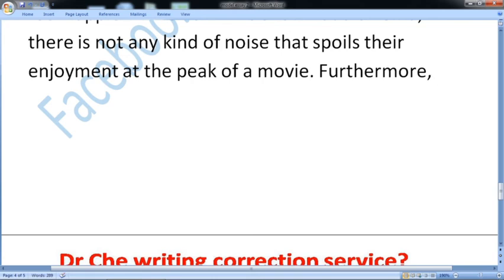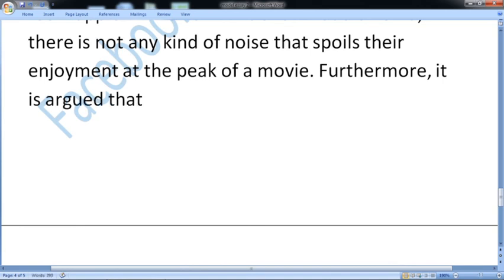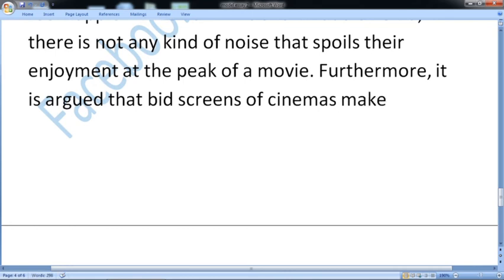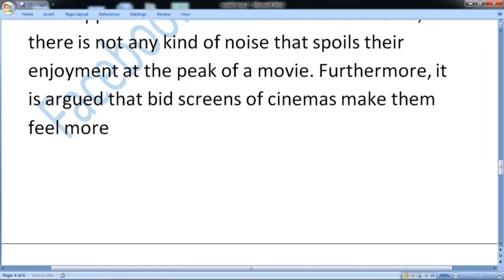Furthermore, it is argued that big screens of cinemas make them feel more realistic, more natural, more realistic about their watching movie. Why? Because they can see life-size characters and they become immersed in the scenery.